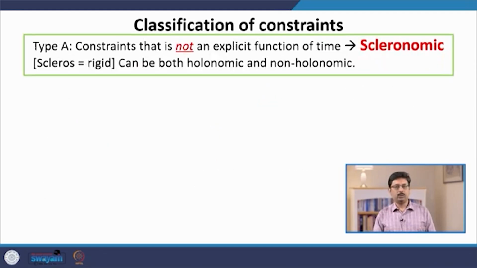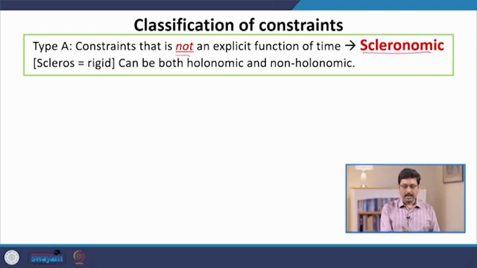Now, you can also classify the constraints from a different point of view. You have a type of constraint which is not an explicit function of time. The constraint is independent of time; it is not changing with time. Such constraints are called scleronomic constraints.